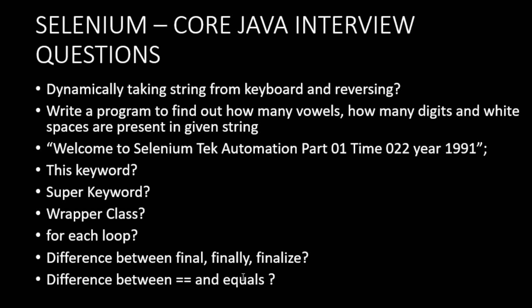We can compare Java strings in two ways, by using the equals method and by using the equals operator. The equals ignore case method is mainly for comparing two strings only. That is about the difference between double equals and the equals method.